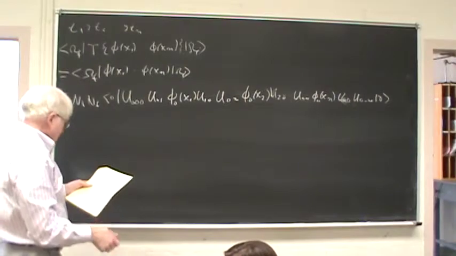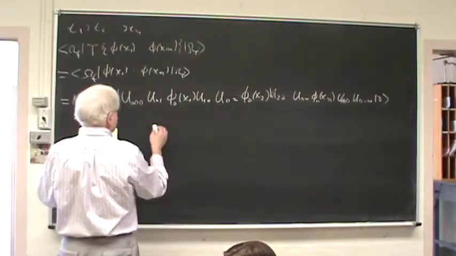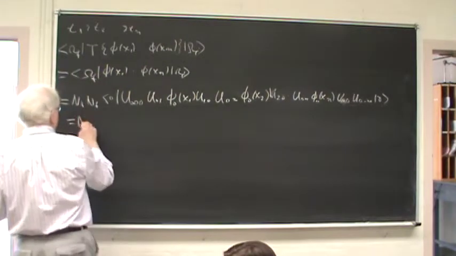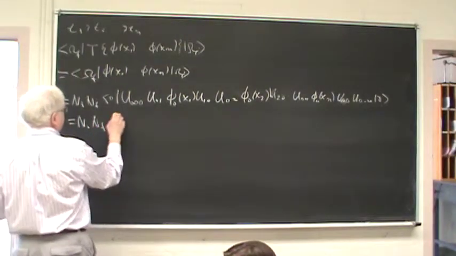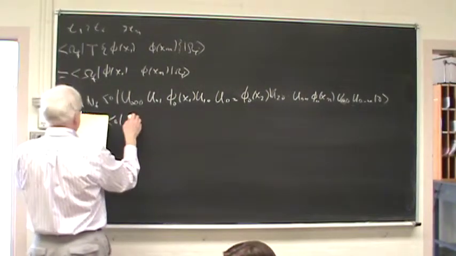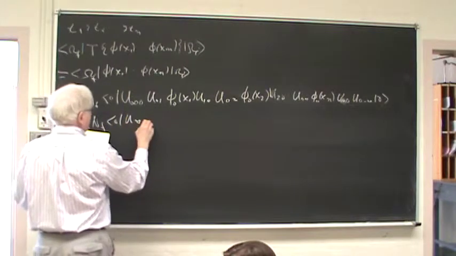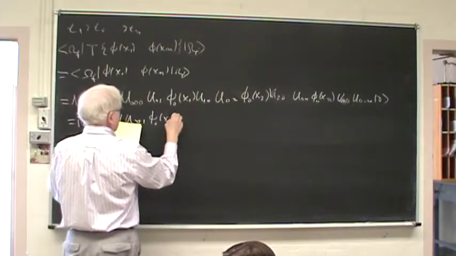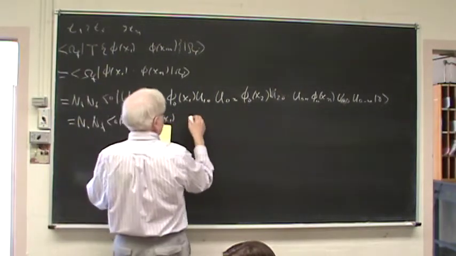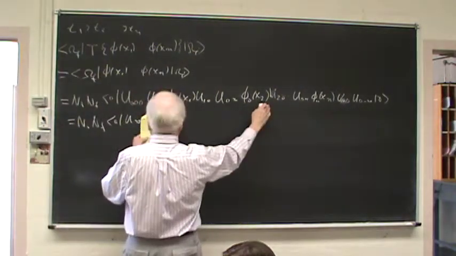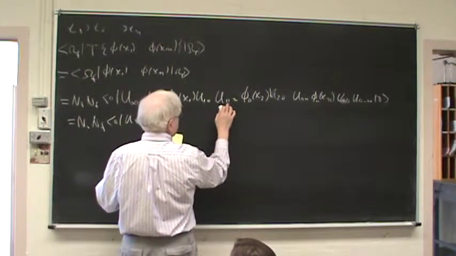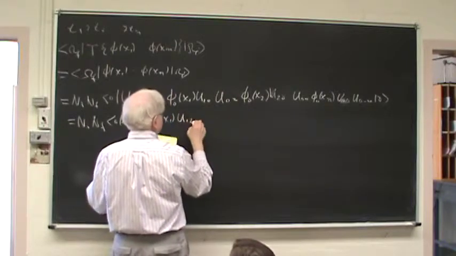And now, what this turns out to be then is NI NF 0, and now we see this is just U infinity 1, phi 0 at x1. And now this guy is U1 0, U0 2, that's U1 2.